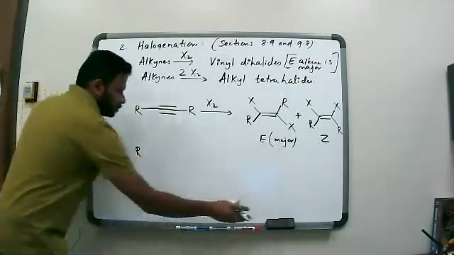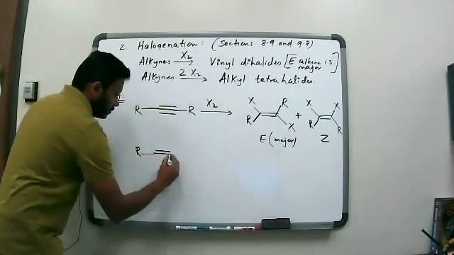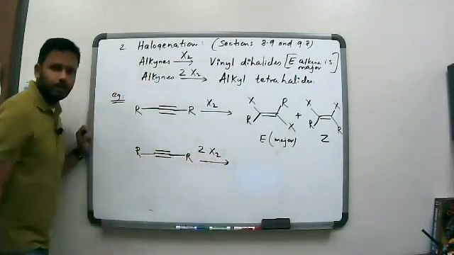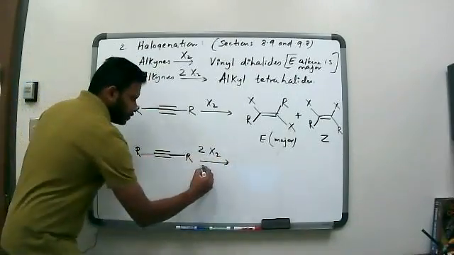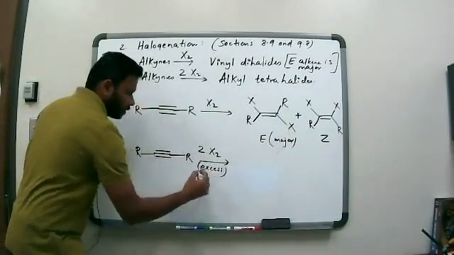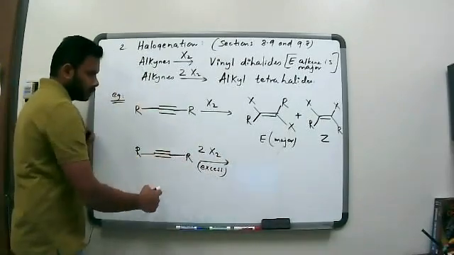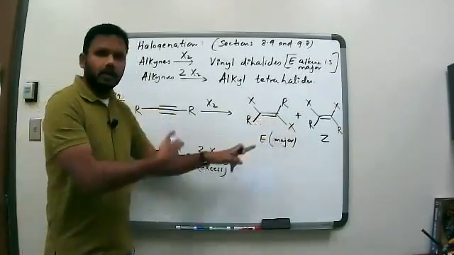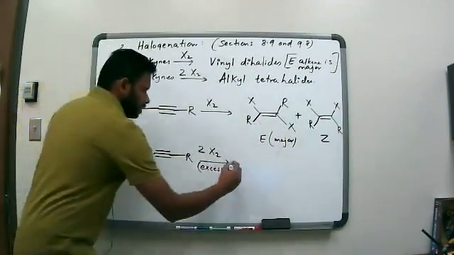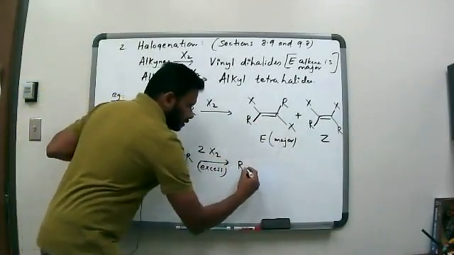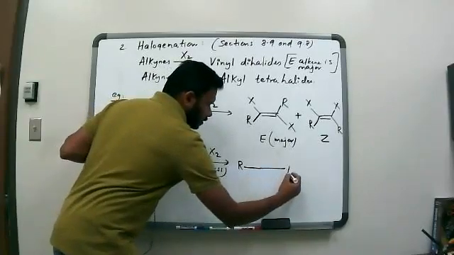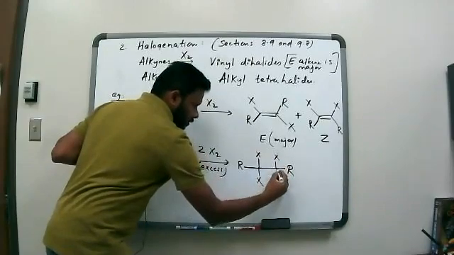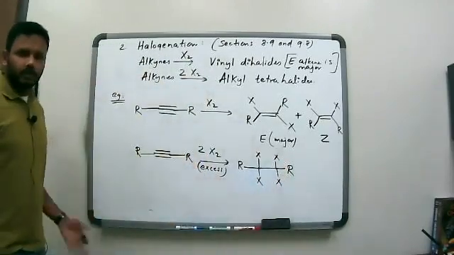But if you took the same alkyne and reacted it with two molecules of a halogen, which could also be read as excess halogen, then you're initially going to get the E and the Z, and they will add another molecule of the halogen. So in the end, what you would end up with is X, X, X, and X. You will have four halogens.